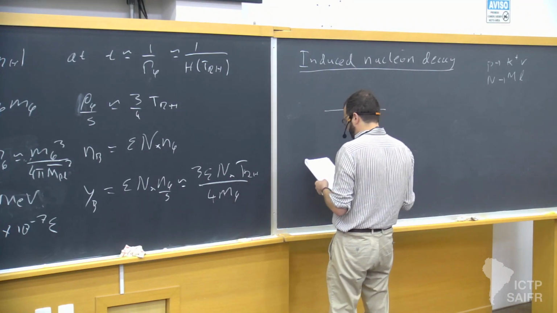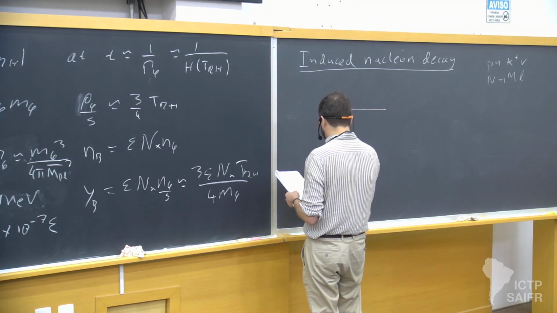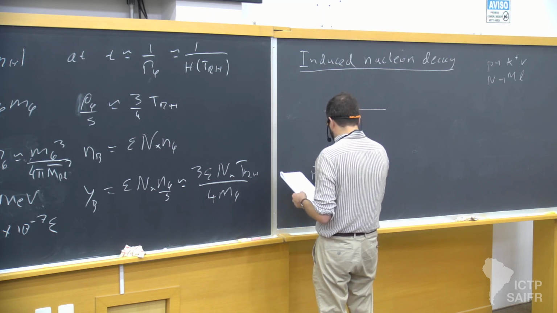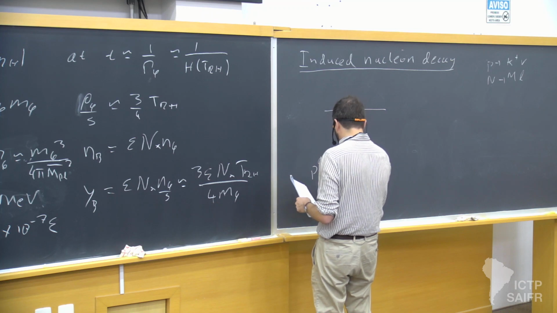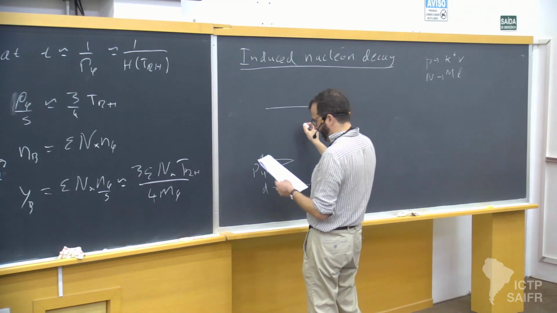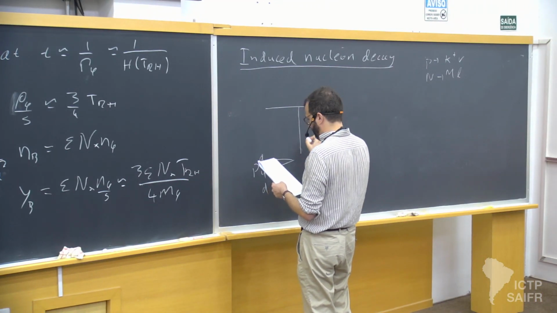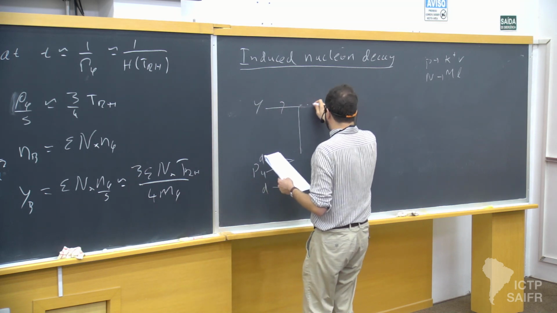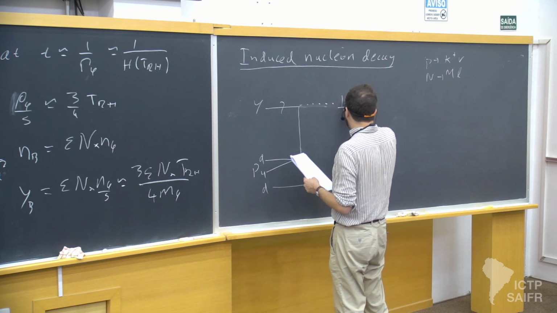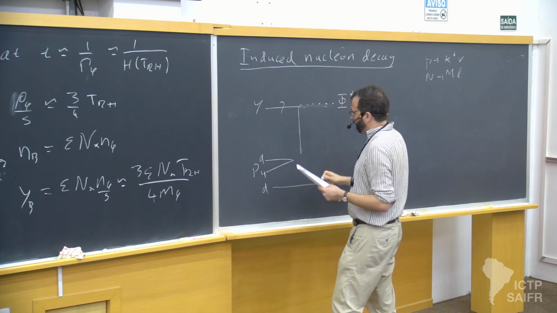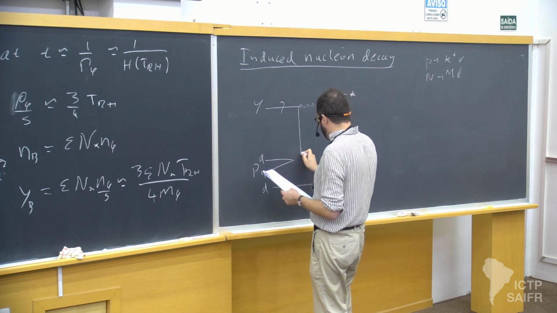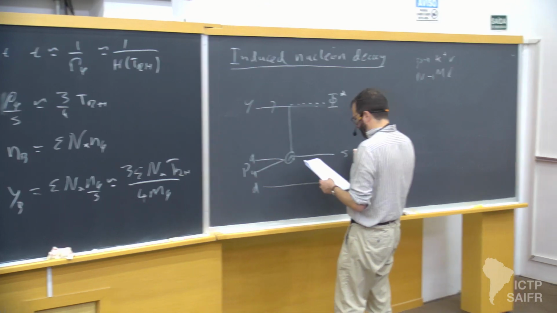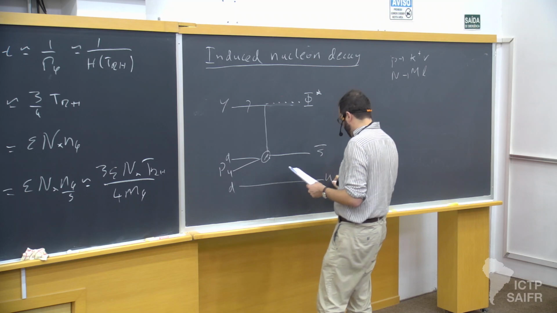So what can happen is that if you have, say, a proton, which is made up of D, U, and U quarks, and this dark matter comes along, say Y in this case, and hits this nucleon, then you can get an induced nucleon decay instead, okay?